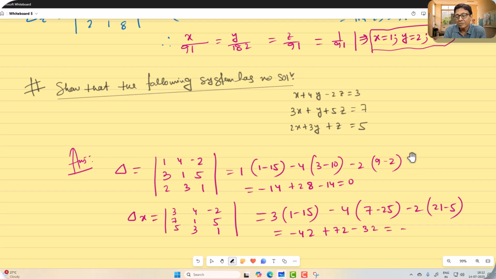So this is minus 74 plus 72. Not equal to 0. In this case, you won't be able to get the solution.